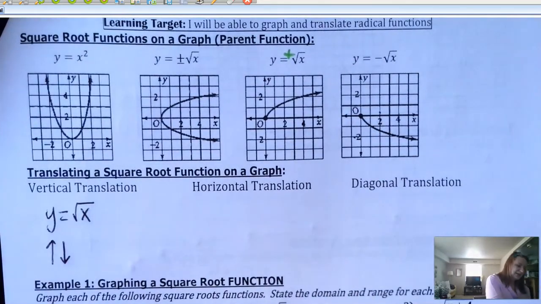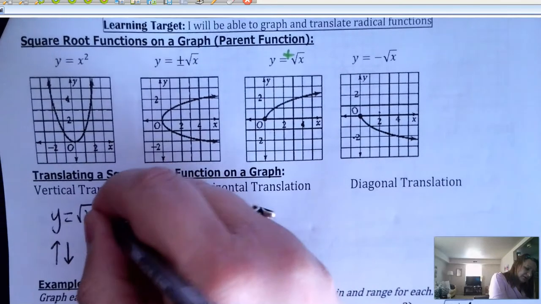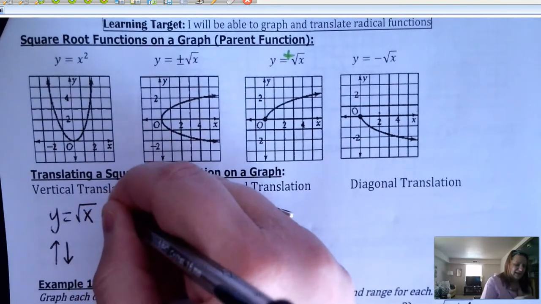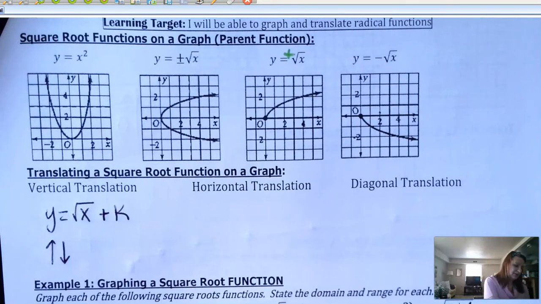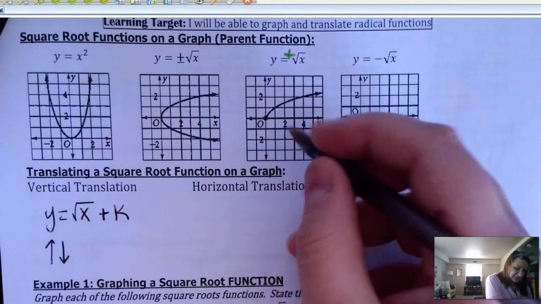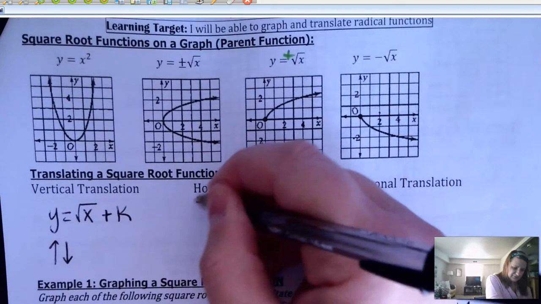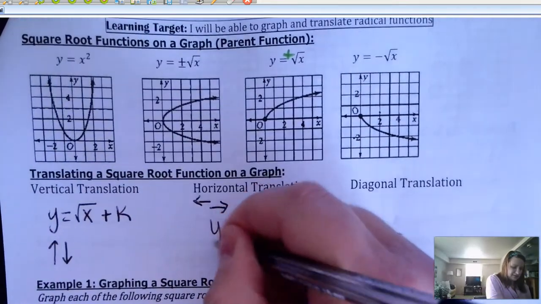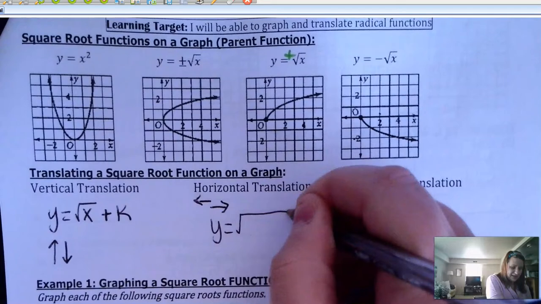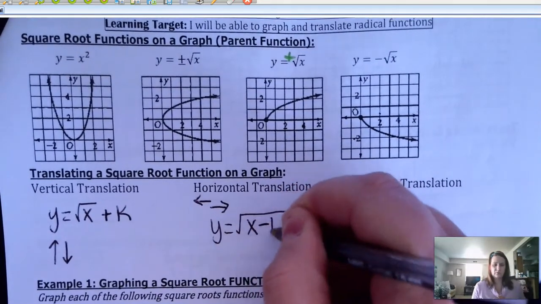What you're going to see is some number, and I'm going to represent that with a k, outside of the square root. Outside moves it up and down. A horizontal translation is going to either shift your graph left or right, and this is going to happen inside the square root.